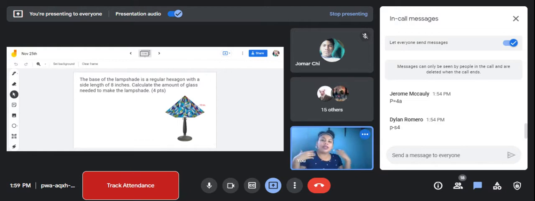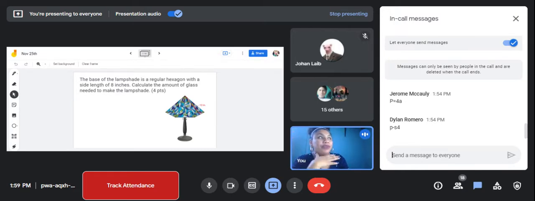It says the base of the lampshade is a regular hexagon. How many sides does a hexagon have? 6, miss. Very good. The base of the lampshade is a regular hexagon with a side length of 8 inches.